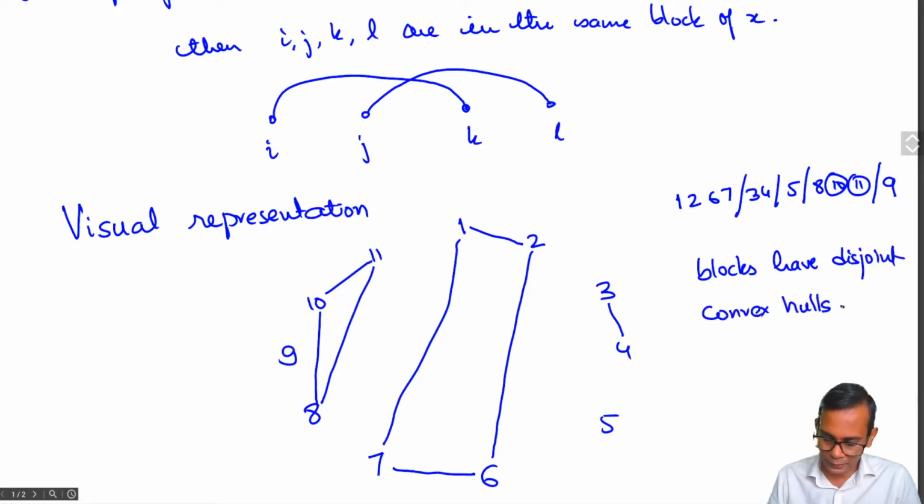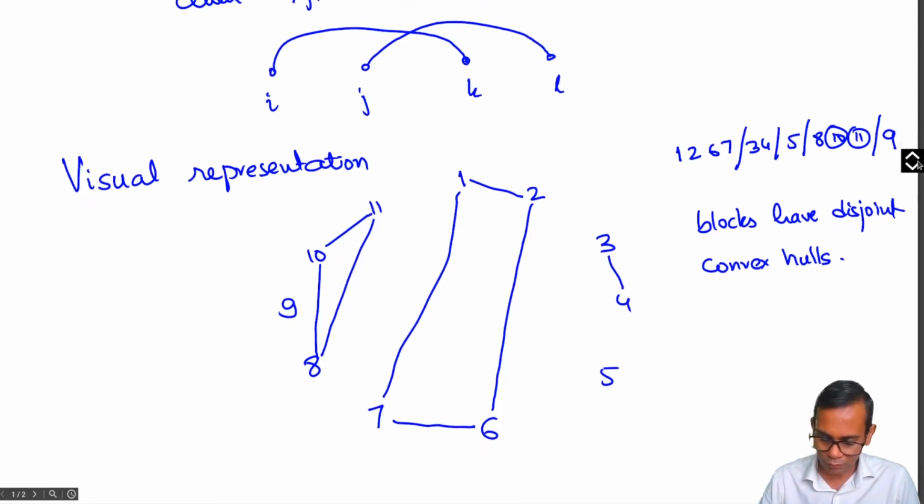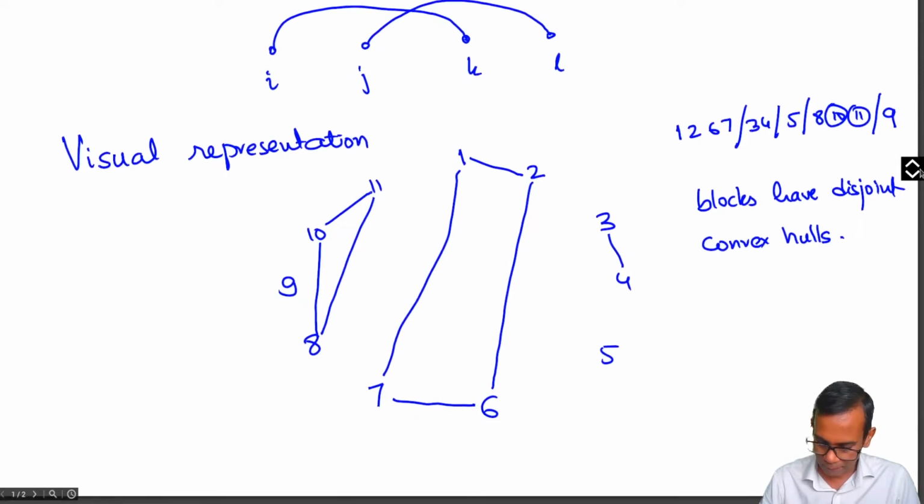Okay, because this condition for non-crossing involves at least 4 points, for n less than 4, all set partitions are non-crossing. But let's look at the poset of non-crossing partitions of 4.